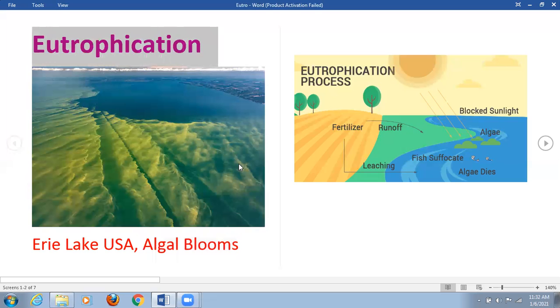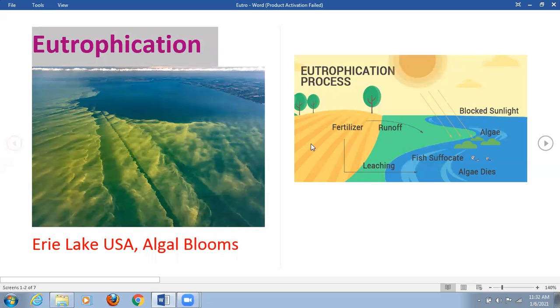And when a large amount of oxygen is utilized, the oxygen level decreases, and when the oxygen level decreases, that water body does not support life. So ultimately fish or other zooplanktons suffocate, and this process is known as eutrophication.